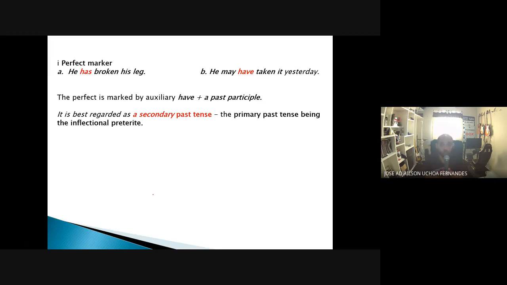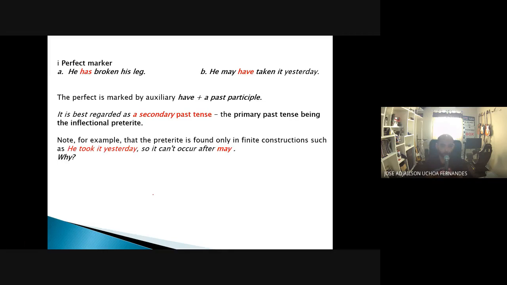So present perfect, future perfect, all those verb tenses that you call perfect, are what we call secondary tenses, or compound verb tenses. Note, for example, that the preterite is found only in finite constructions, such as he took it yesterday. So it can't occur after may.